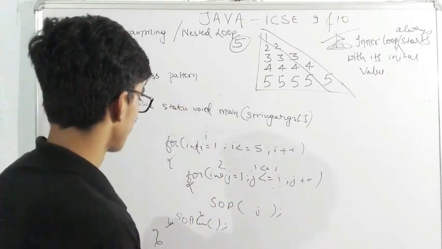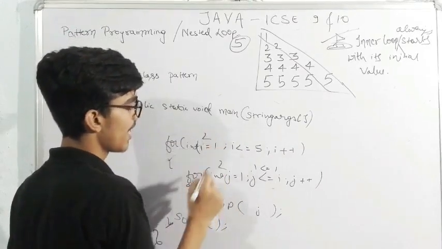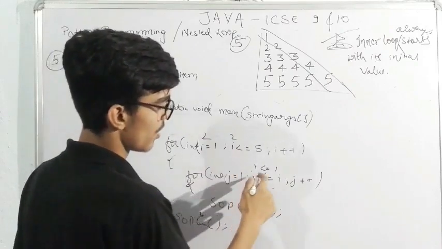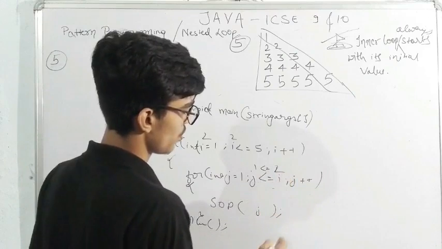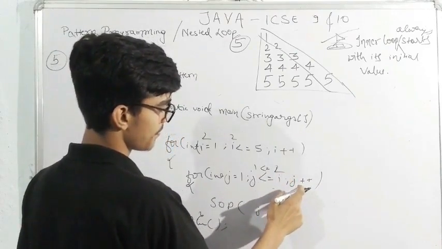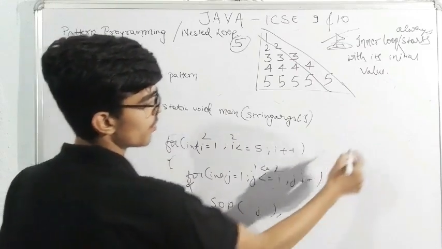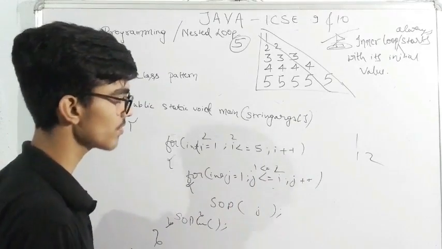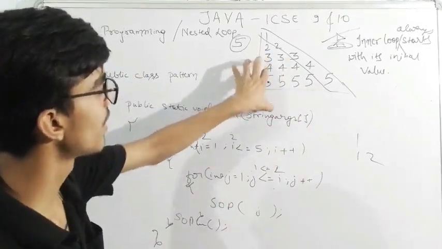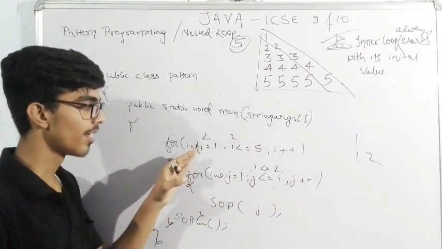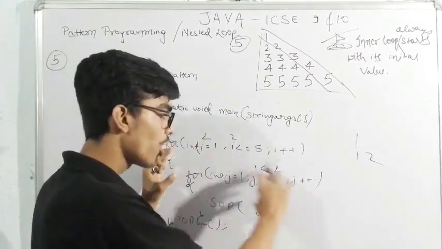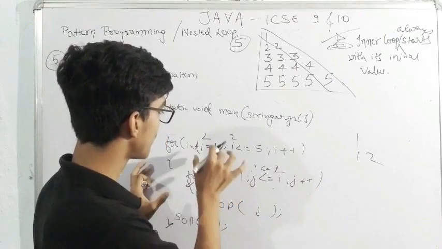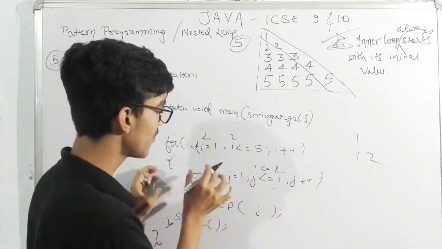Now I will become 2, 2 is less than 5, yes, j will start from 1, and I is 2, so if we print j, it will print 1 2, but we don't want that. For this we have to think that the value of I is not changing while j is iterating inside. We see that the value of I is constant for a period of time.